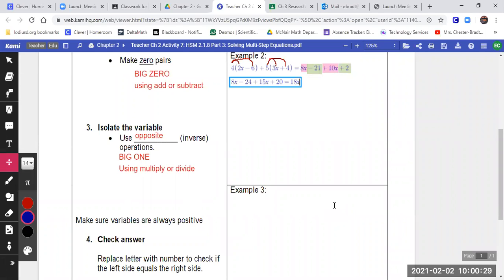Do we add them or subtract them? We subtract them. And then how do we know what sign the answer is going to have? From the bigger.